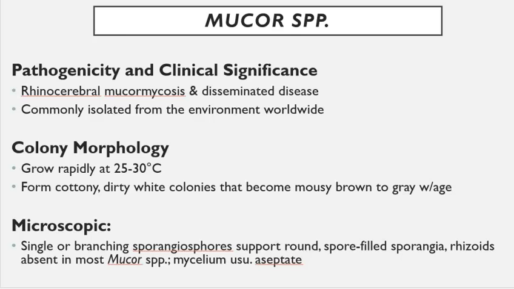It can form a cottony, dirty white colony that becomes mousy brown to gray with age. For microscopic ID, we have single or branching sporangiophores that support round spore-filled sporangia. Rhizoids are absent, and the mycelium is usually aseptate.